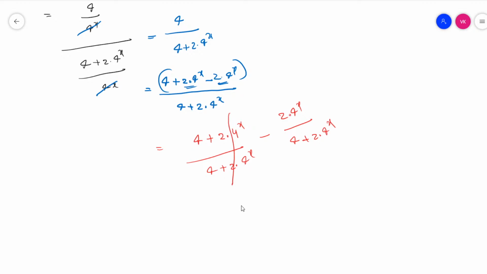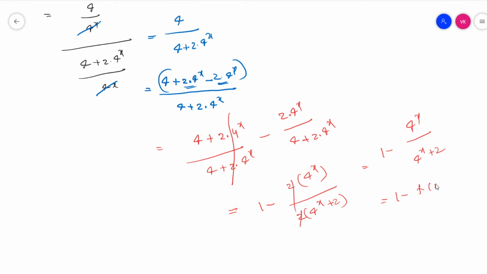By simplifying this, we will get 1 minus, let's take the common 2, 4 power of x by 2 into 4 power of x plus 2. Now we can easily cancel the common factor, then we will get 1 minus 4 power of x by 4 power of x plus 2. Then we can directly write 1 minus f of x. That's the answer for the given.